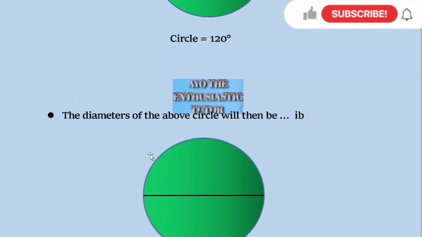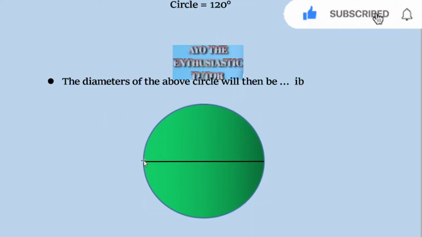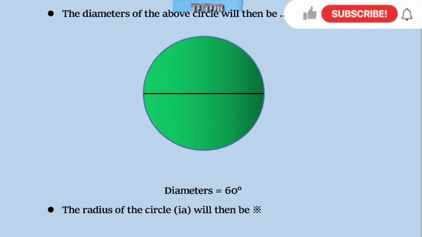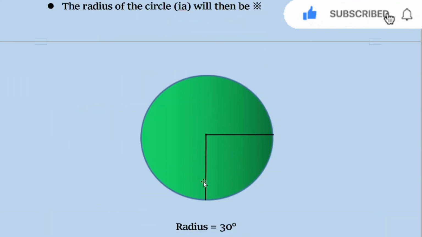So the diameter of the above circle will then be, as you can see, the line dividing the circle into two equal parts. And if you divide a whole of 120 into 2, then we should be having 60 degrees. So we have the radius of a circle. The radius of the above circle could then be said to be 30.